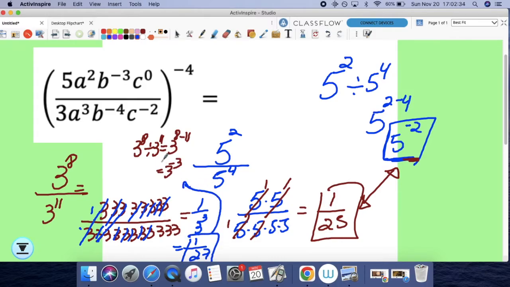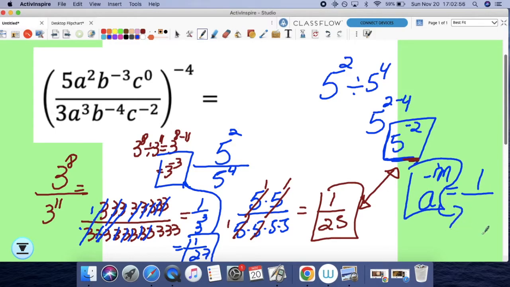And the more you did that, you realize, oh, there's a pattern here, right? Which we can now say that anything to the negative power, so a to the negative m power, in order to change that to a positive exponent, all I gotta do is throw this here at the bottom, right?